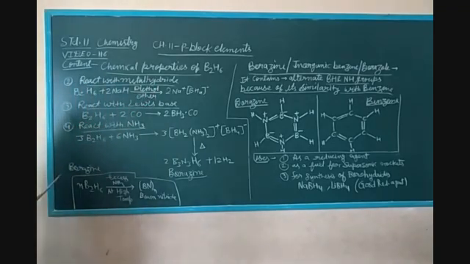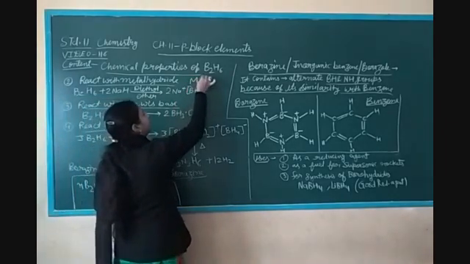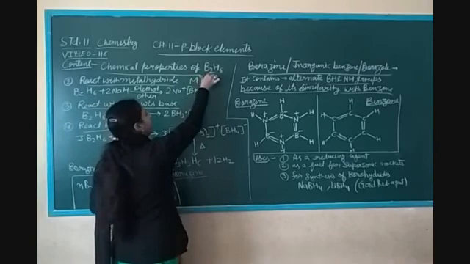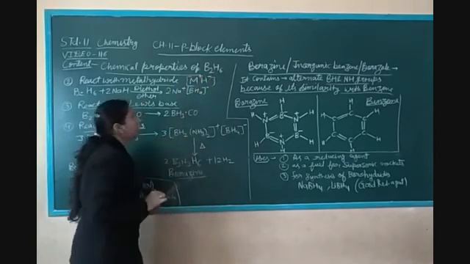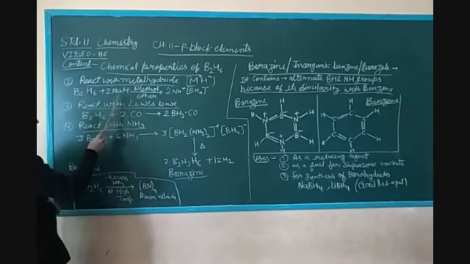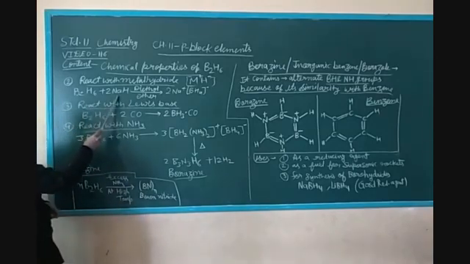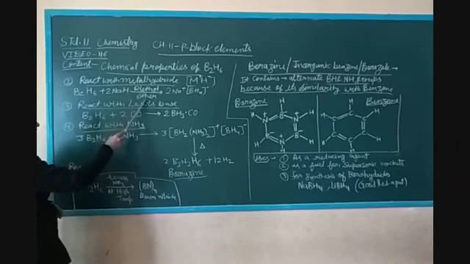Any metal hydride, with the metal indicated by M and the hydride H, M plus H minus. Diborane reacts with any metal hydride, for example NaH, sodium hydride. Diborane reacts with sodium hydride NaH in the presence of diethyl ether.